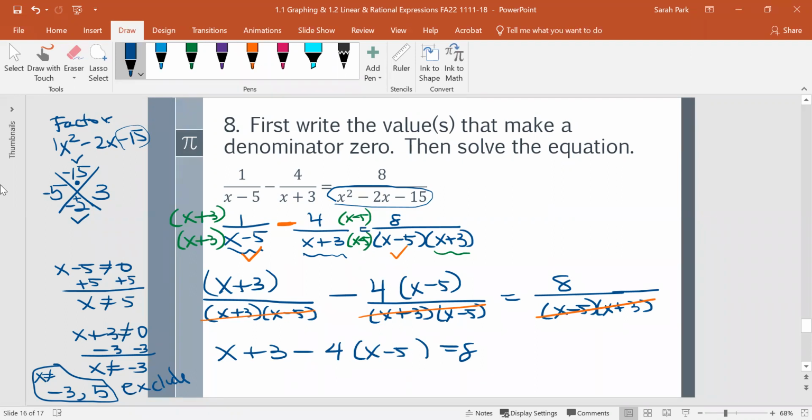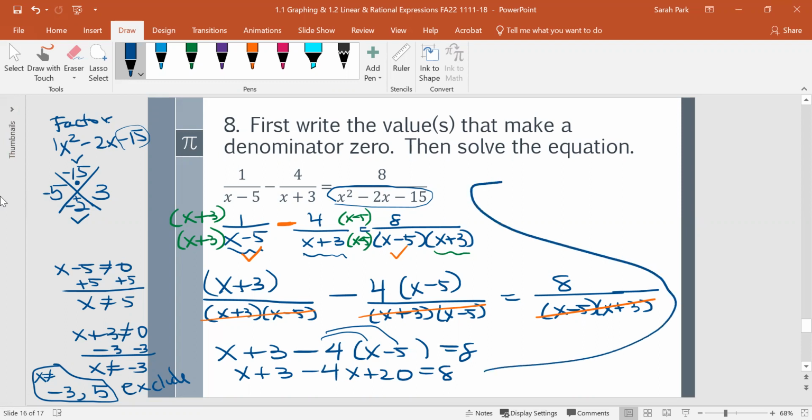Okay, now we're going to proceed with solving this linear equation. We have x plus 3. This -4, we're going to distribute with x and then -5. So we have -4x plus 20 equals 8. Let's add like terms before we do anything. Actually, we don't have enough space. I'm going to carry that here.